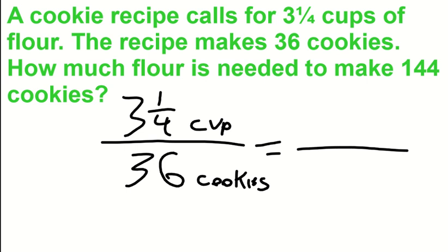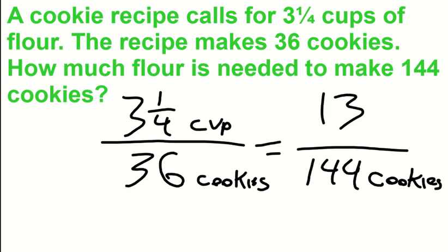And we're trying to make 144 cookies. So proportions with fractions sometimes look a little weird because it's like a fraction on top of a fraction or something. But you do 144 times 3 1/4 divided by 36, and we get 13. Okay?